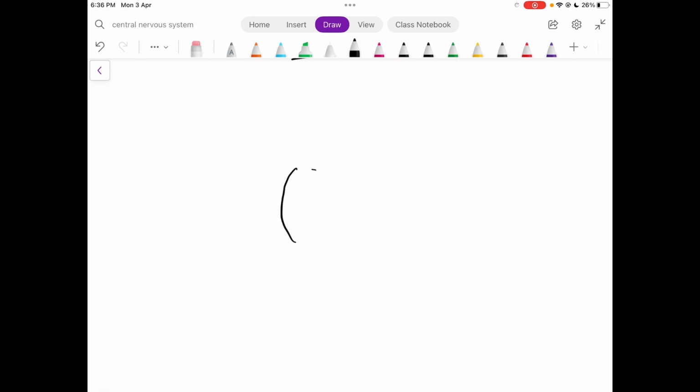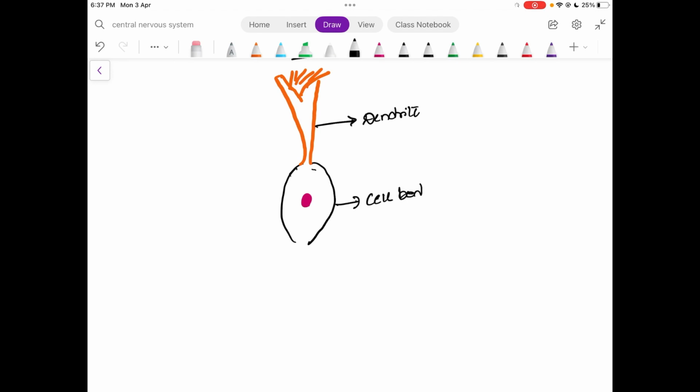We have a cell body with a nucleus, and one part is a dendrite, and we have an axon.